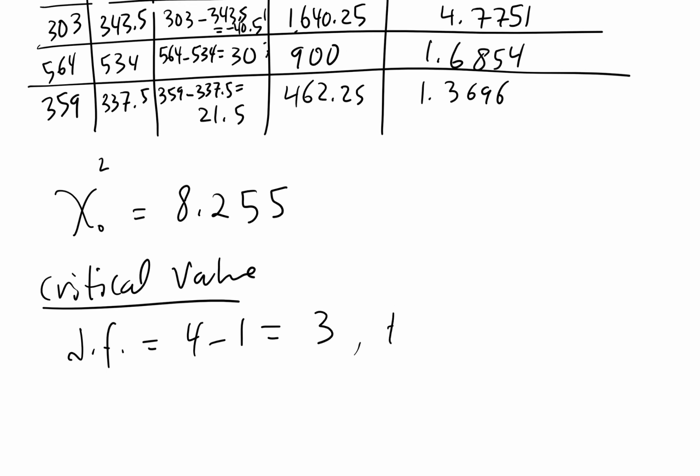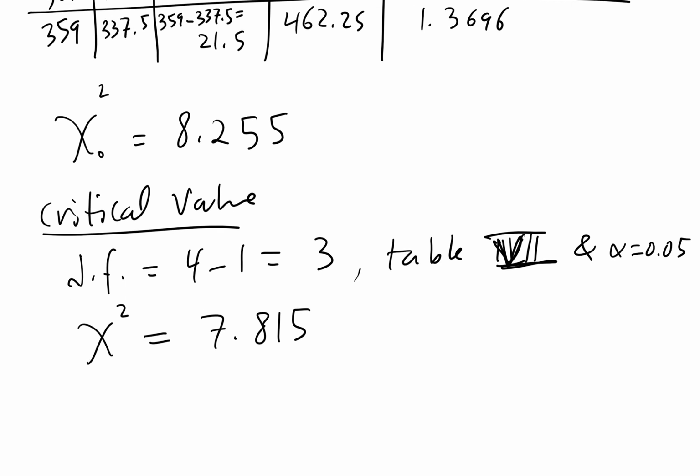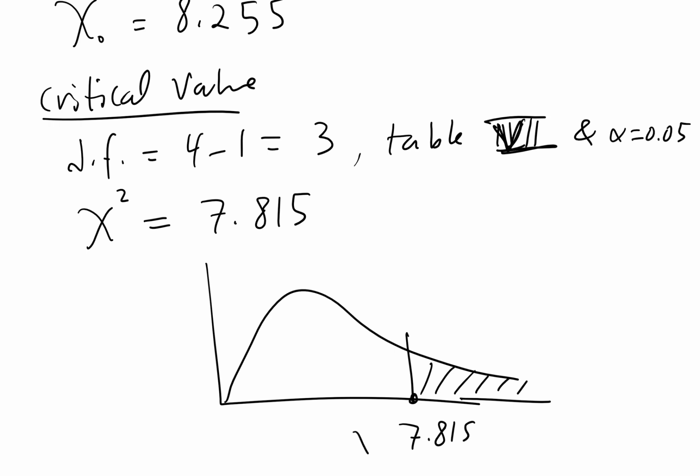Using the table at alpha equals 0.05, the chi-square critical value is 7.815.